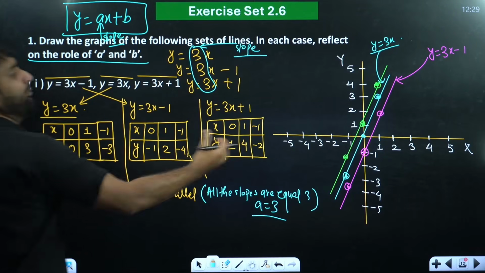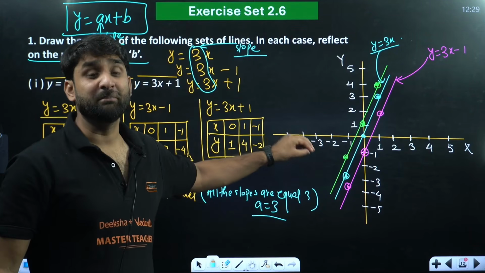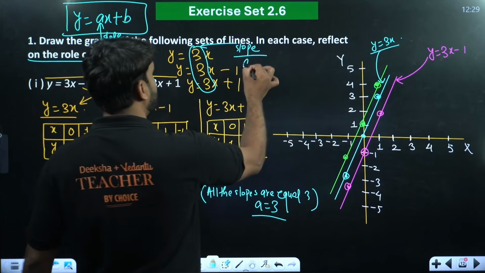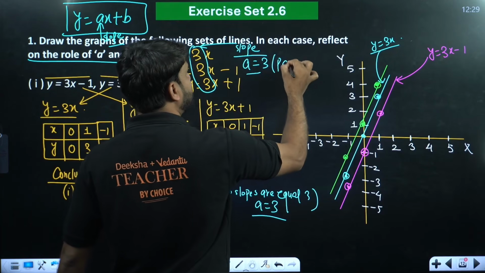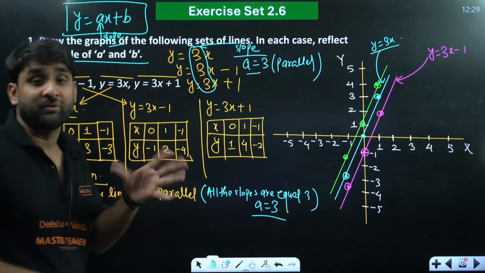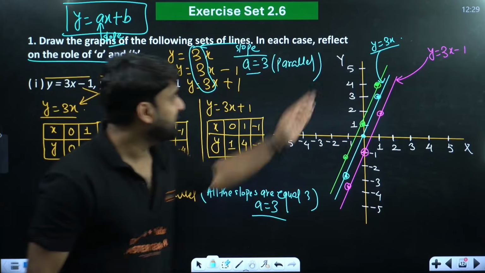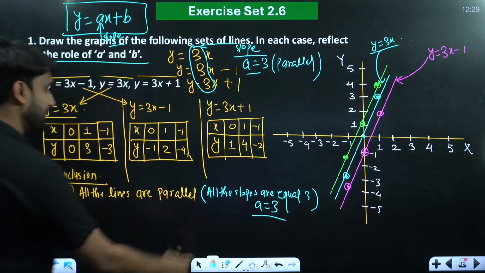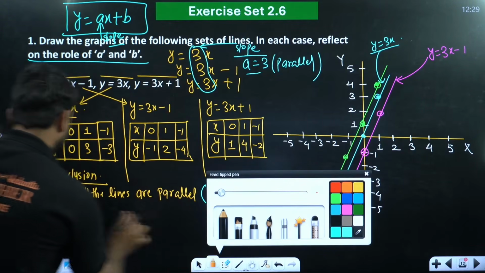So the role of A here is making the slopes equal, because A is 3 for all the lines. That's why all the lines are parallel to each other. A decides the slope, the inclination, and here the inclinations are equal. That's why all the lines are parallel. All the slopes are equal, A equals 3.